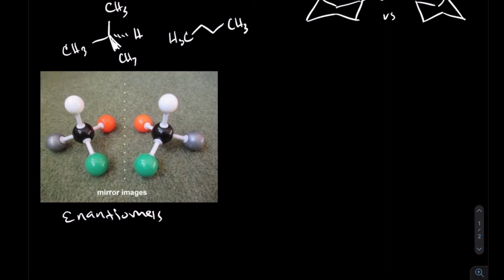An enantiomeric pair are two molecules that are mirror images of each other. And they have what's called chirality. And chirality, in the context of stereochemistry, means handedness. All right? And so you have a left and a right hand, and those two are not superimposable.